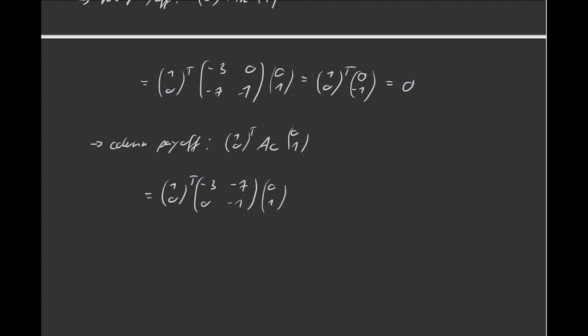Times 0-1. So here we get 0-1 transposed times -7, -1. So that is -7. And again, not a big surprise, the column player is sentenced to 7 years in jail in this setting here.